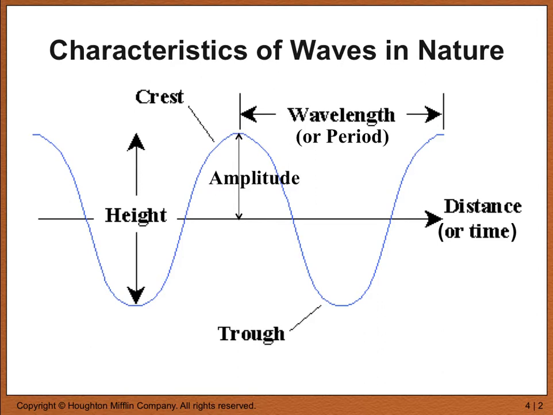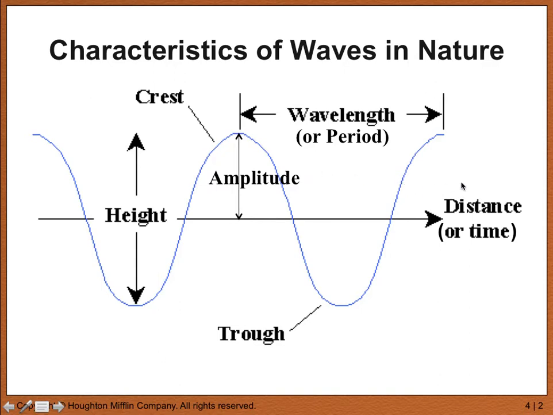Now, this can sometimes be a little confusing to students, because you're like, well, why is it distance or time? The reason for that is it depends on how you're considering the wave. If you're considering the wave as a function that's moving through time, then your x-coordinate would be time. But if you're just considering the wave statically, that is, just measuring its distance, then the x-coordinate would be distance.